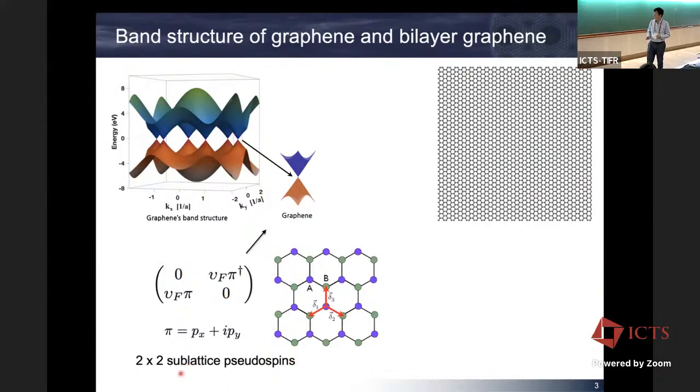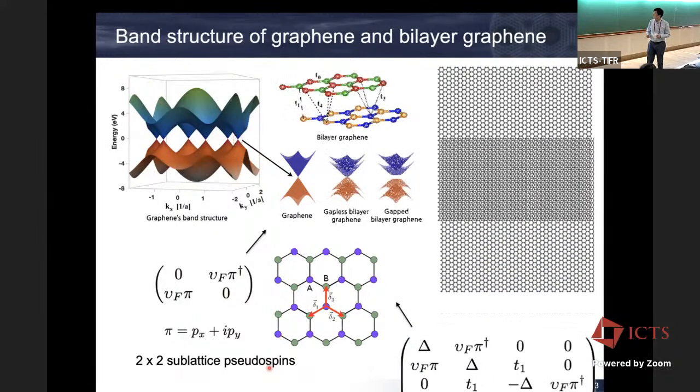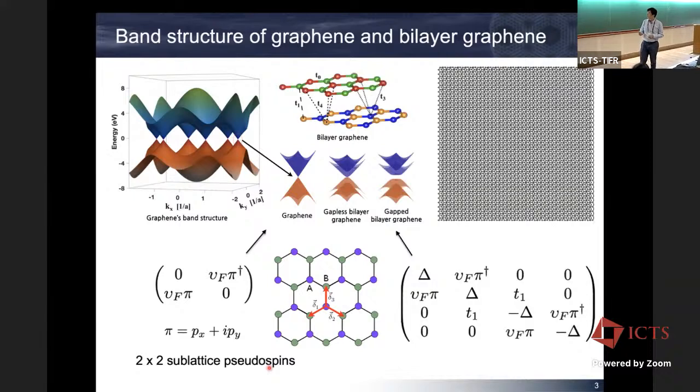So these are the pseudospins that we are going to be talking about. And as soon as we add a second layer, the linearly dispersing bands turn into parabolic bands. And when we apply an electric field in the perpendicular direction, it is possible to open up a band gap in the system, therefore changing qualitatively the properties of the electronic structure.